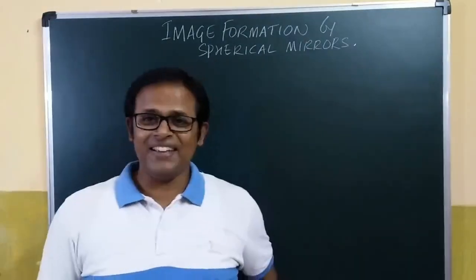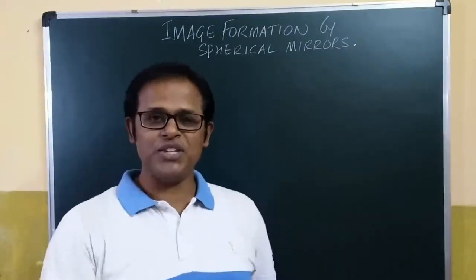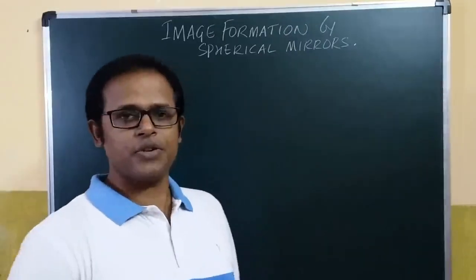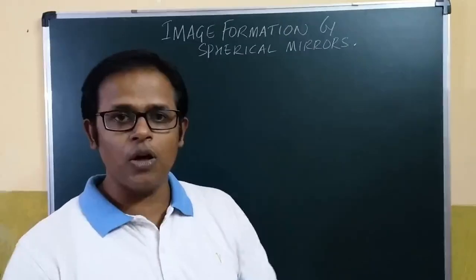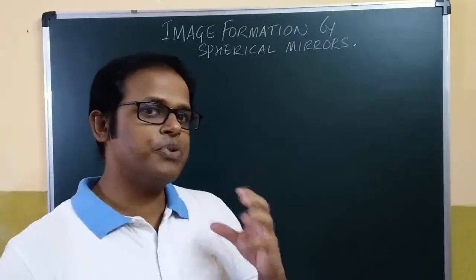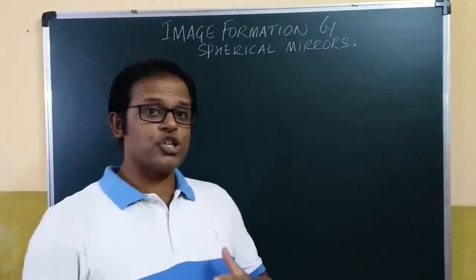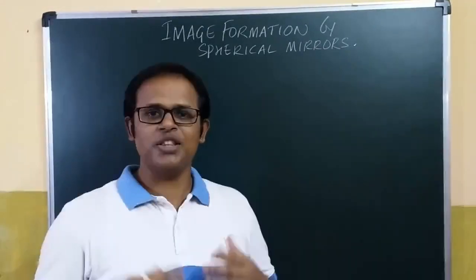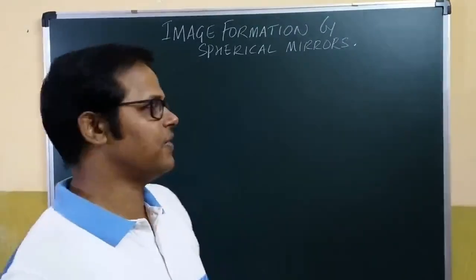So before learning about the image formation by spherical mirrors, that is concave mirrors as well as convex mirrors, first of all, every one of us should know what are those principal rays with which we can construct a geometrical diagram to study the formation of images by spherical mirrors.